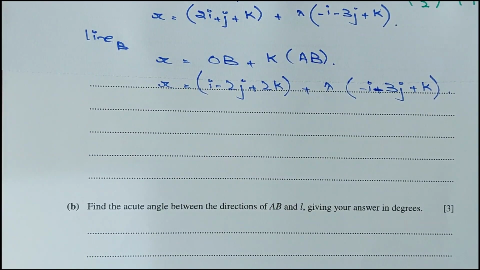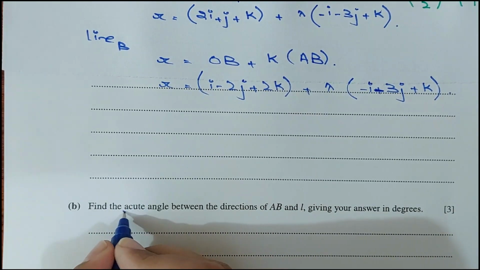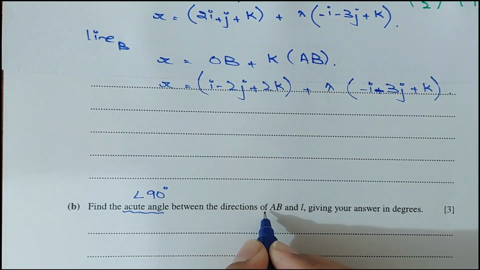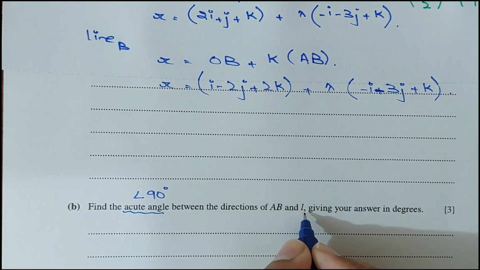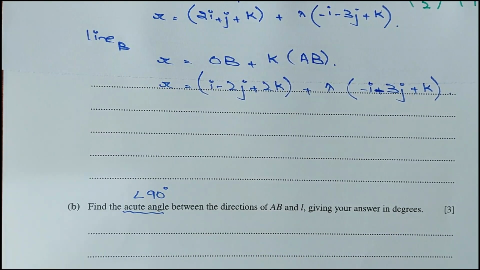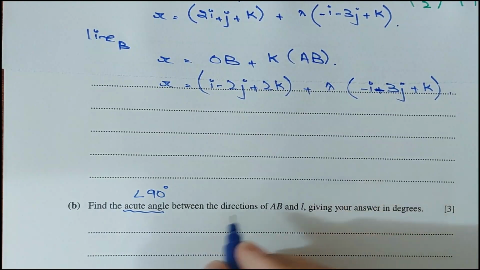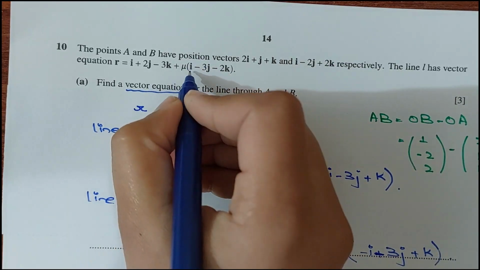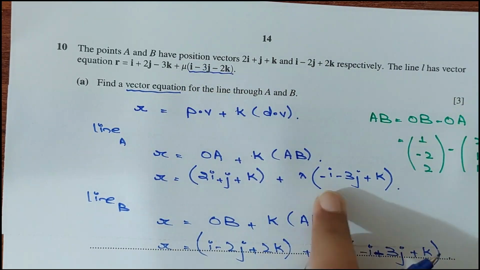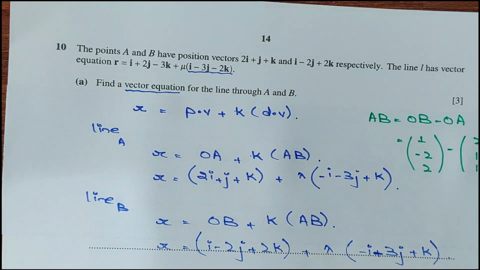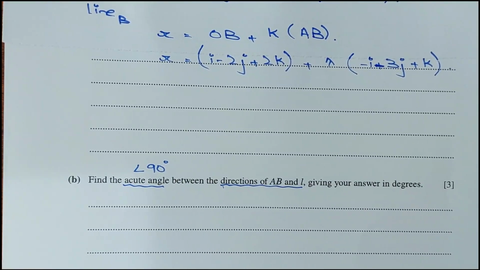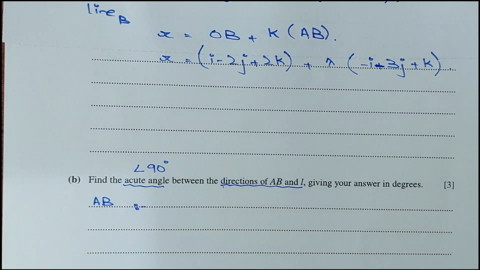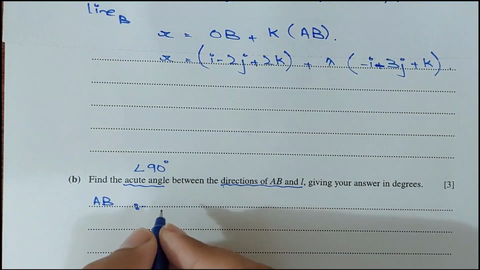Now moving to part B: find the acute angle, the angle which is less than 90, between the directions of AB and L, giving your answer in degrees. What are the directions of AB and L? This is the direction for line L and this is the direction for AB, right? For line AB you can use through A or through B, this is your choice.